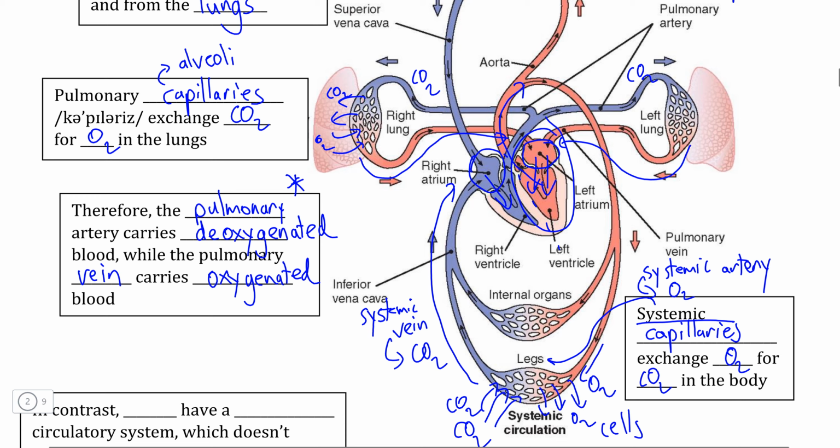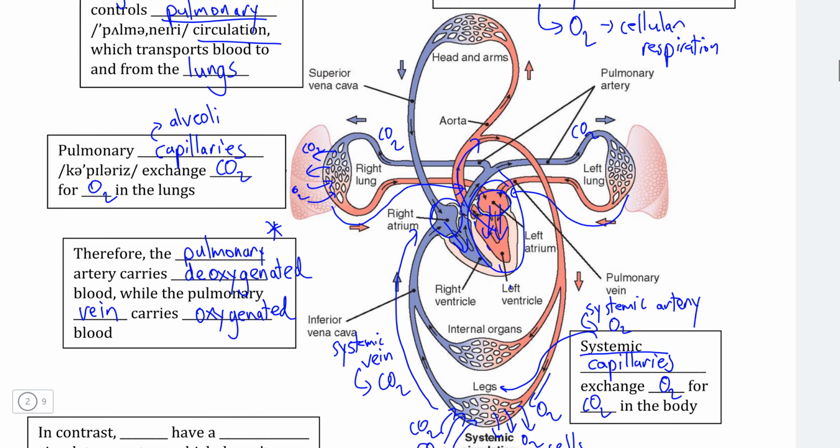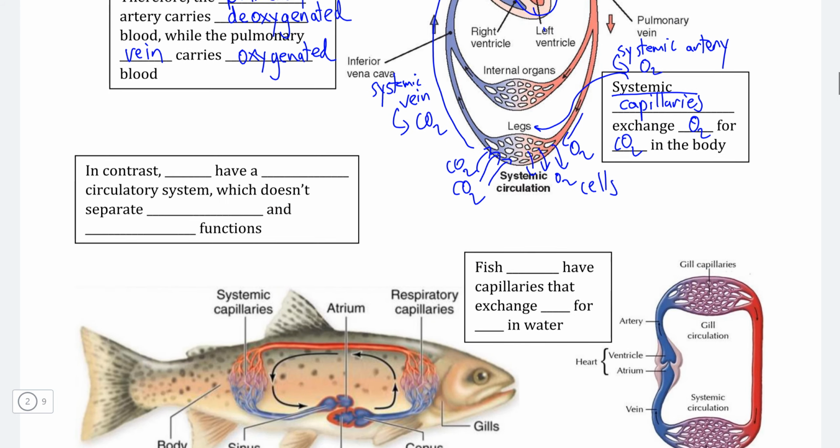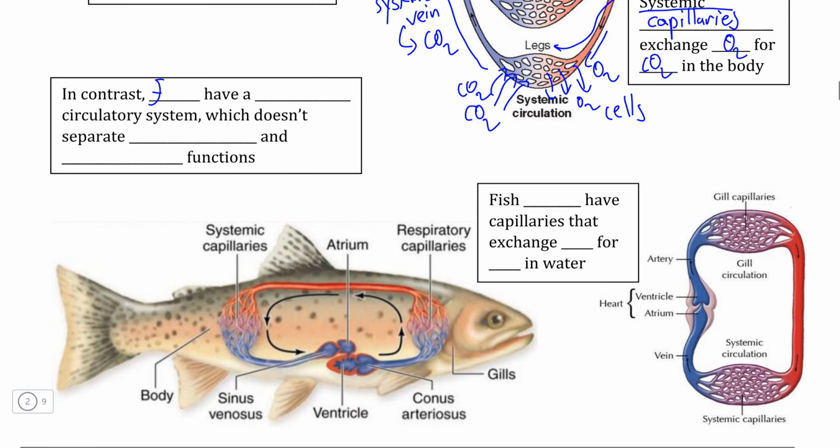Now, to contrast the human circulatory system, which has separate circuits for pulmonary and systemic circulation, if we take a look at fish, for example, we recognize that most fish are significantly smaller than humans and therefore do not actually require a double circulatory system, because a heart that only has one atrium and one ventricle like this is actually sufficient to transport blood through the entire fish's body.